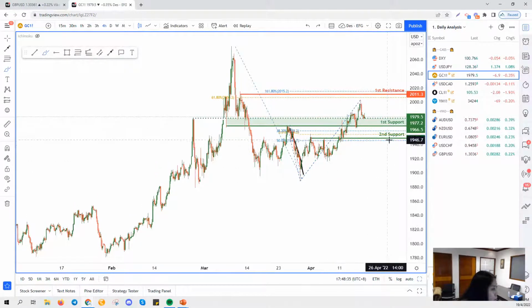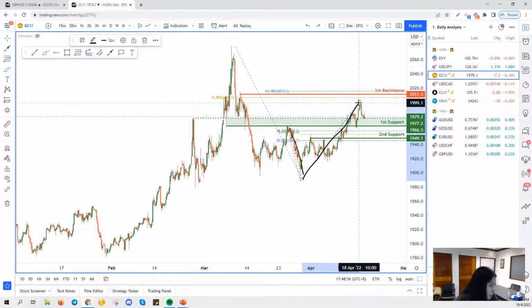And for our second support, which will be our stop loss for now, you will see that there's a 50% Fibonacci retracement over here, that we took from the bottom to the top here.